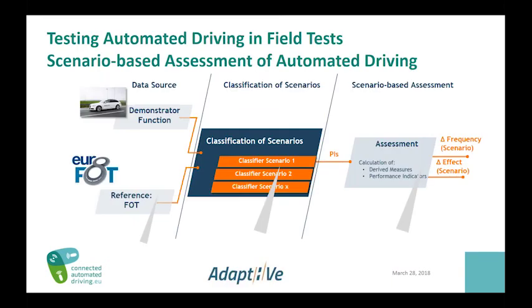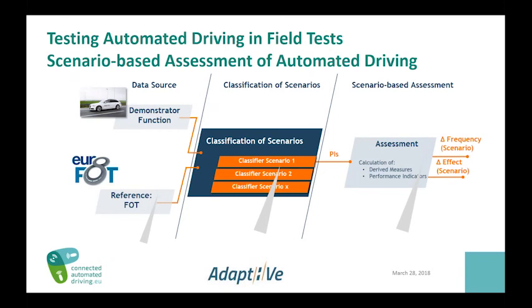Once you don't have a rule for a certain situation, this situation is maybe not classified or falsely classified. What we did in Adaptive is we developed a machine learning-based classification algorithm. This was done by my colleague Christian Rösner, 2016, which you can see here on the right side.